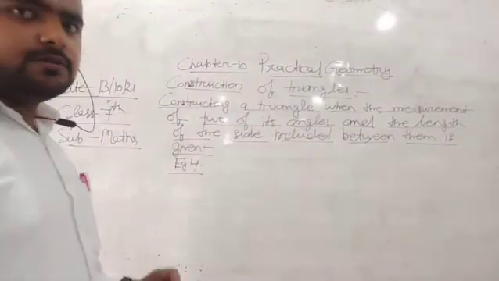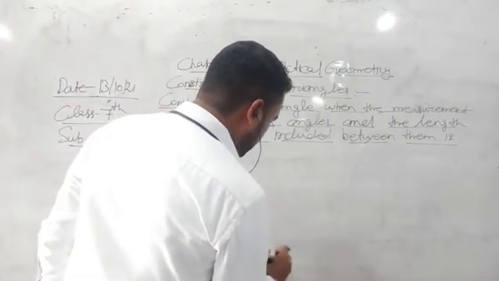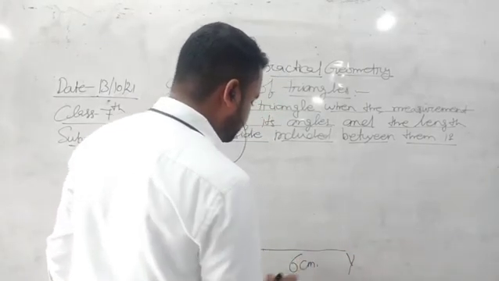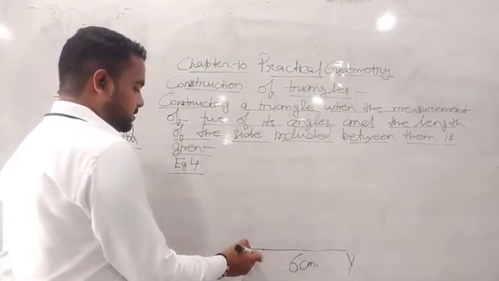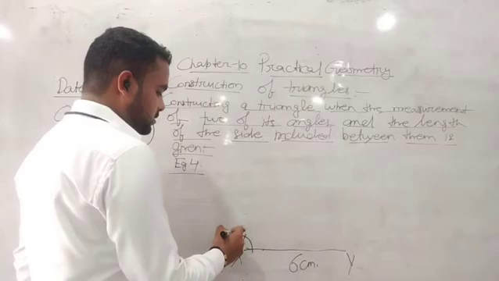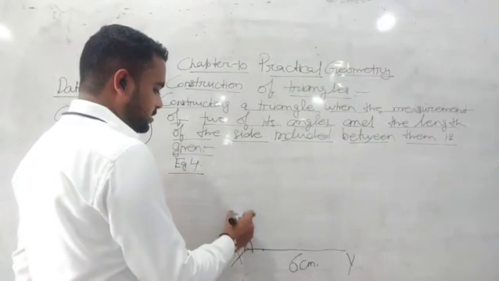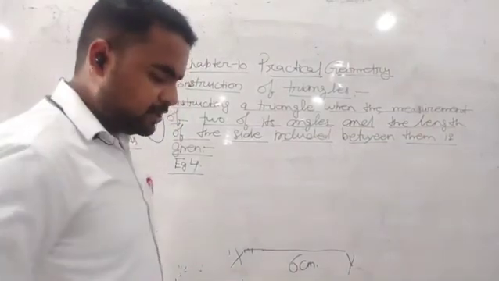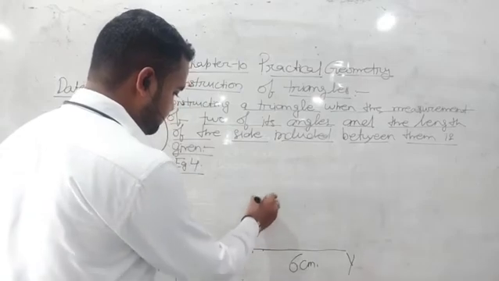Now we will do a quick revision. First we have to draw a line segment XY, measurement of 6 centimeter. Then from point X and with a specific radius draw an arc, and with the same radius draw another arc. Here by joining this arc to the X, here is your angle of 60 degree.